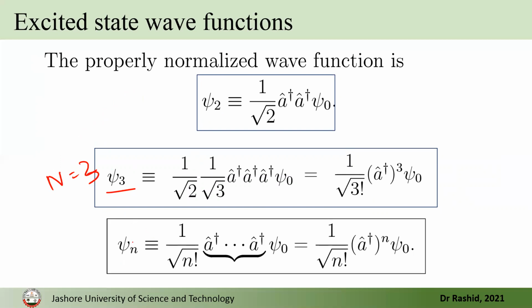But we would like to show the general expression. So we would like to show that the eigenvalue when the number operator acts on psi n would be this n. In that case, we can easily calculate the energy eigenvalue.